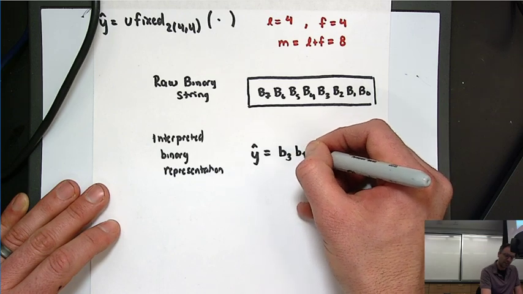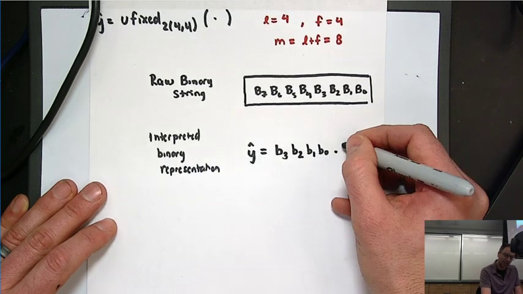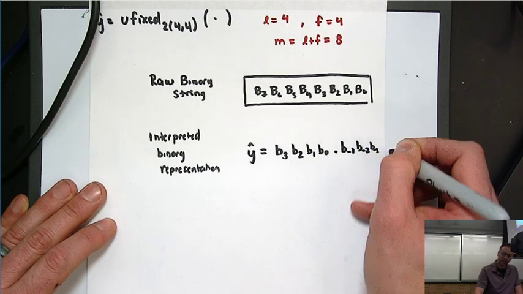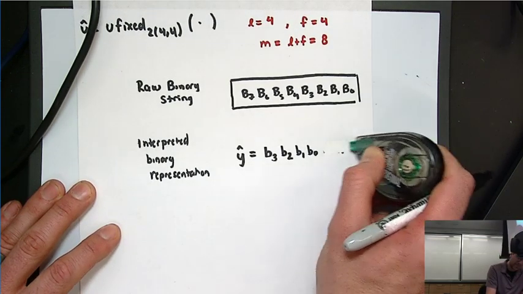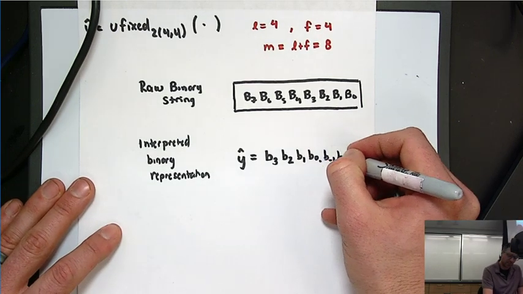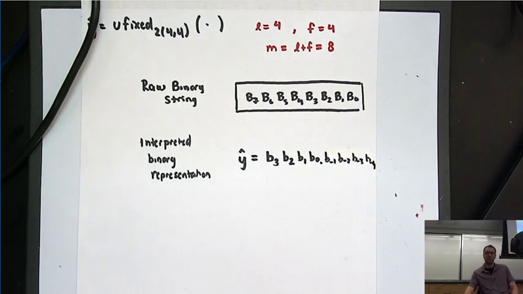B3, B2, B1, B0, point, B negative 1, negative 2. What's happening there?